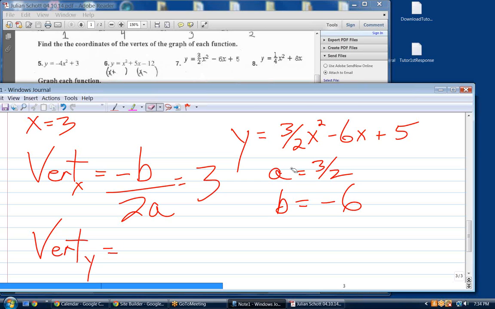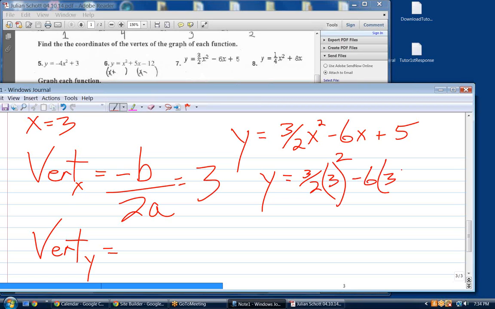How do I get the y-coordinate of the vertex? Plug in x. So tell me what to write. 3/2 parentheses 3 squared, minus 6 parentheses 3, plus 5.